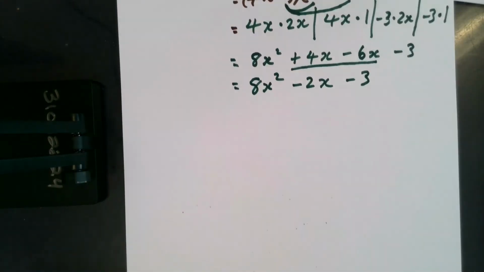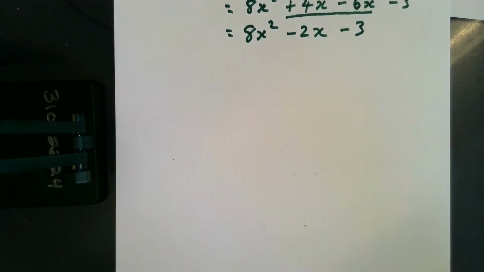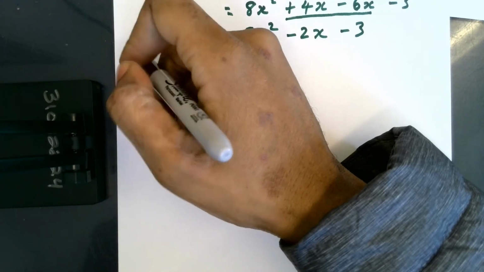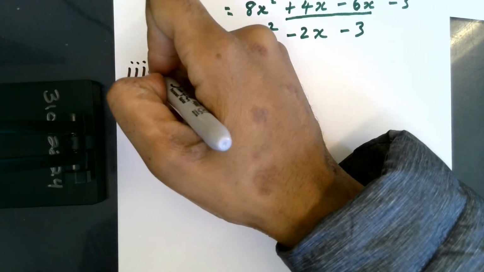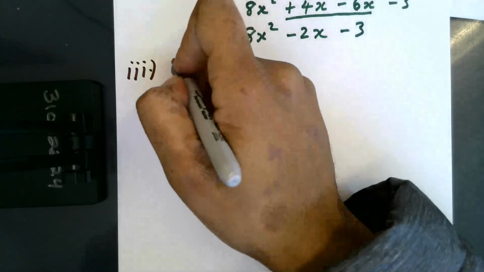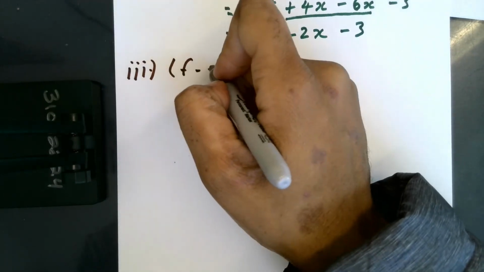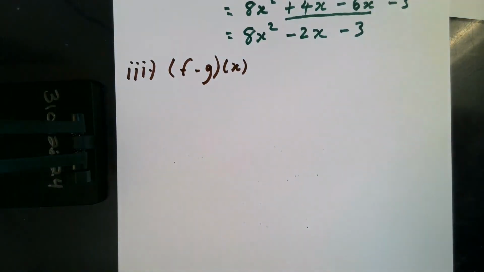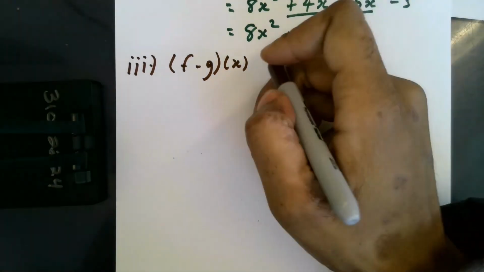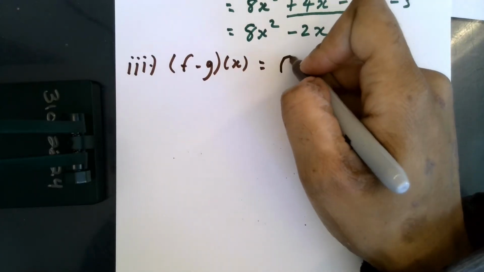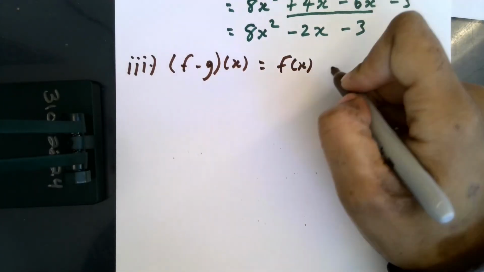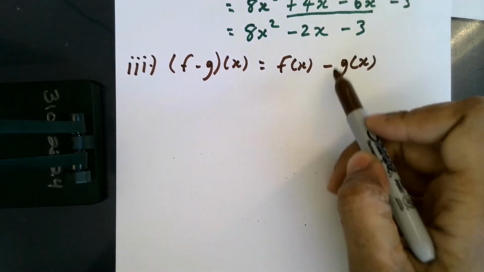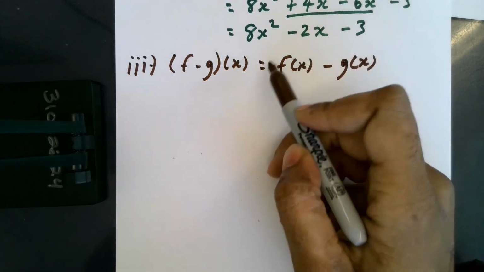Our final problem is we should find f minus g of x, okay? Now that simply means that we are going to subtract the function g from the function f.